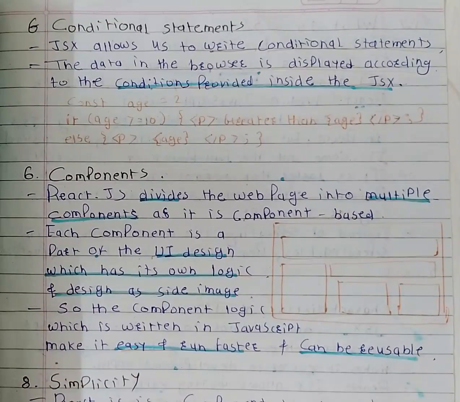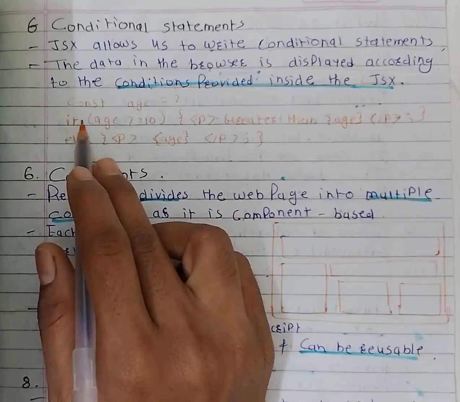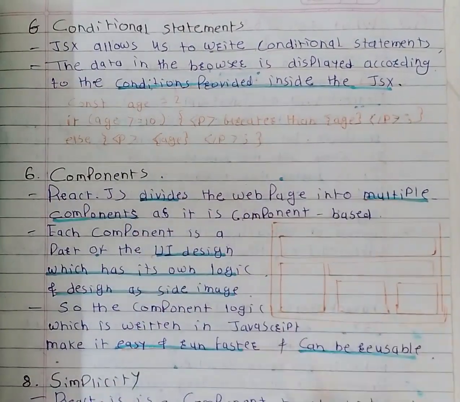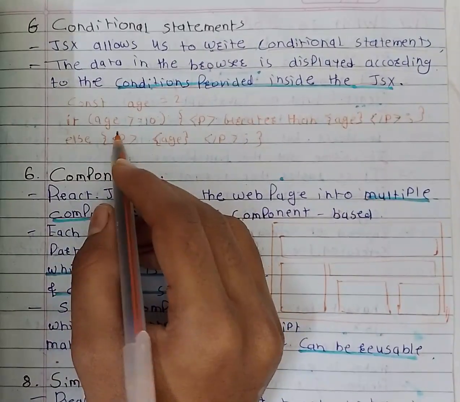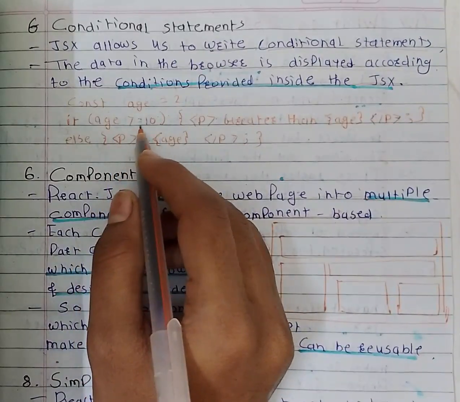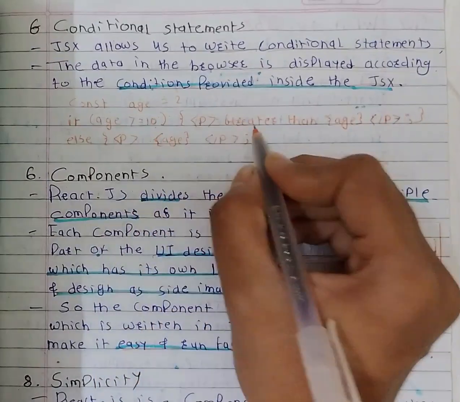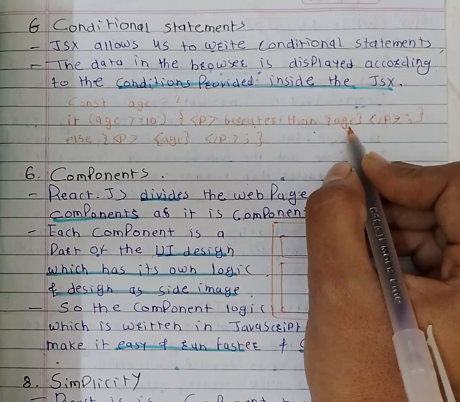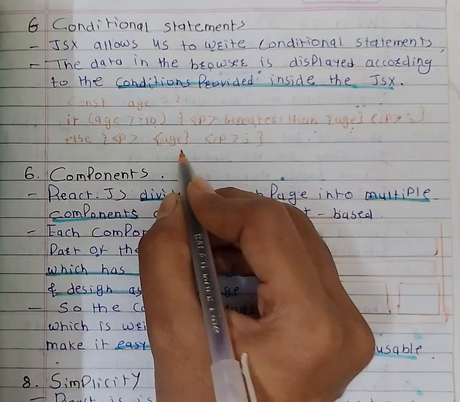This is a simple example: we just declare a variable, const age equal to 2. Then we check if age is greater than or equal to 10, it will print the age as greater, and else it will print the age.